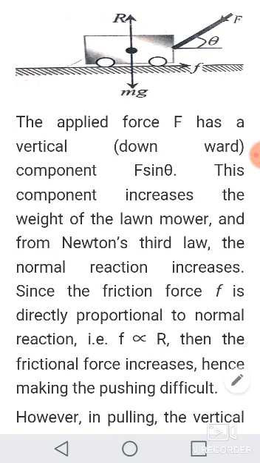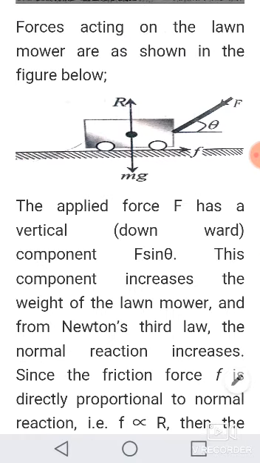Unlike if this man was pulling, then this arrow F, which was facing downwards at an angle theta, will be facing upwards. The component of F will be upwards. Then we will have F sine theta but upwards, and F cos theta towards your right. Now we are interested in F sine theta, which is upwards. So the resultant weight is mg minus F sine theta, which means the resultant weight of the body is going to reduce.